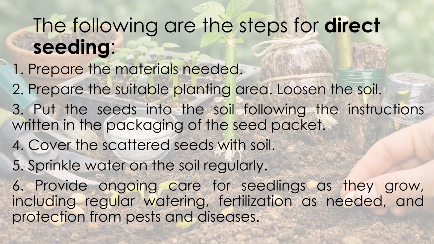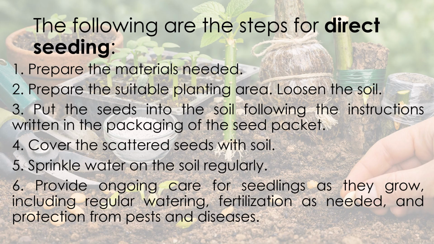Next, cover the scattered seeds with soil. Lightly cover them to protect from birds, wind, or drying out, but don't bury them too deep. Next, sprinkle water in the soil regularly. Keep the soil moist, not flooded, to encourage germination and healthy root growth. And the last one, provide ongoing care for seedlings.